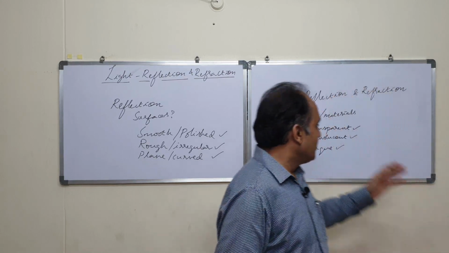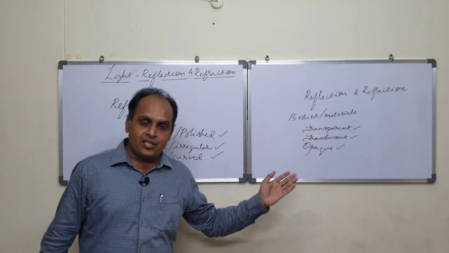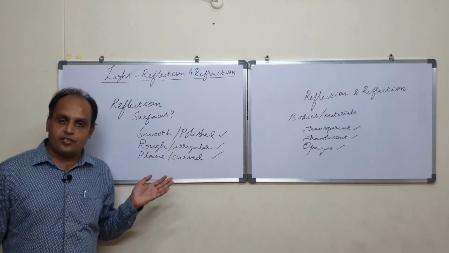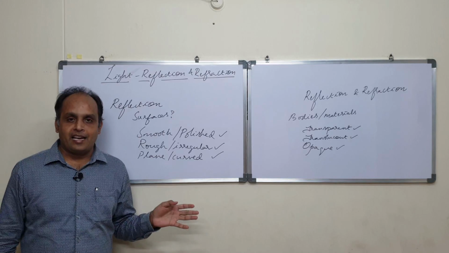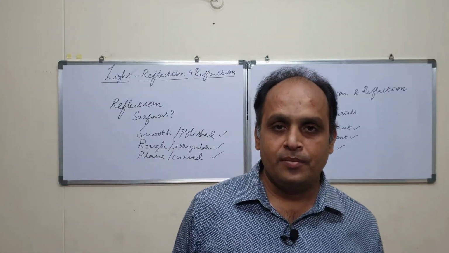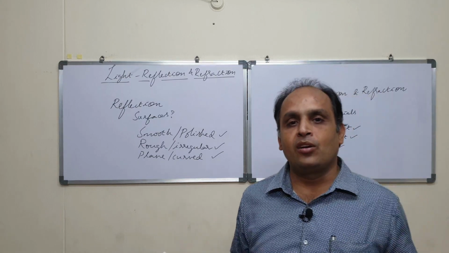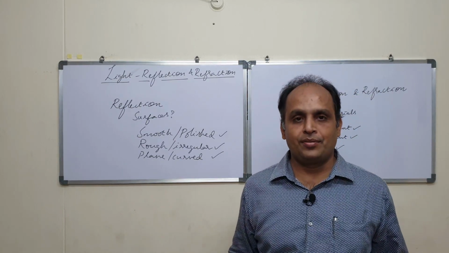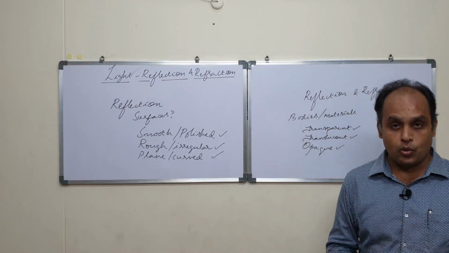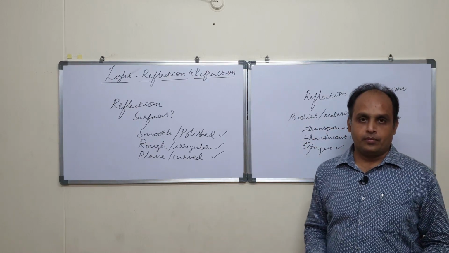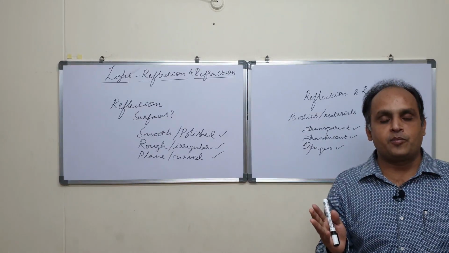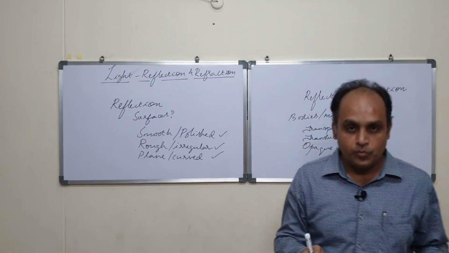So, all three kinds of materials or bodies, and all three kinds of surfaces, reflect light. Light gets reflected from any kind of surface and any kind of material. This is something you should know. There may be people who think that light doesn't get reflected from transparent materials. No, they do.